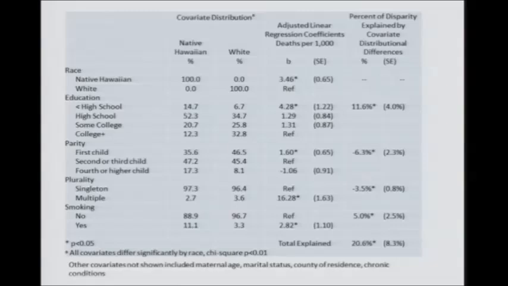It was a big effect, 4.28 more deaths per thousand for those with less than a high school education compared to those with some college degree. And you sum those up over the different categories and divide by the crude disparity, and that was 11.6%.